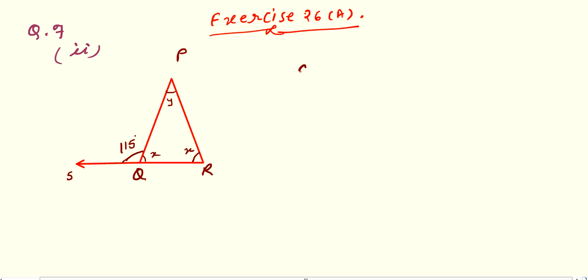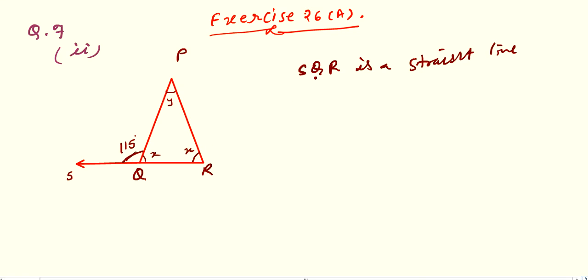As you can see in this triangle PQR, this is X and this is X. That means both are the same. SQR is a straight line, and in SQR Q is the middle point here.